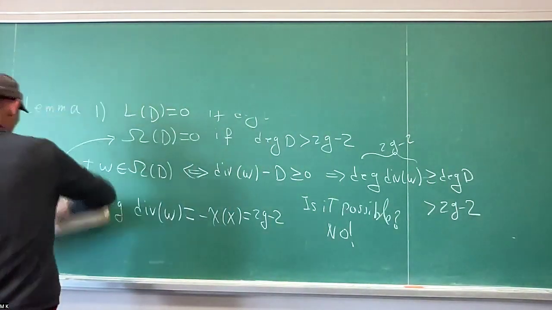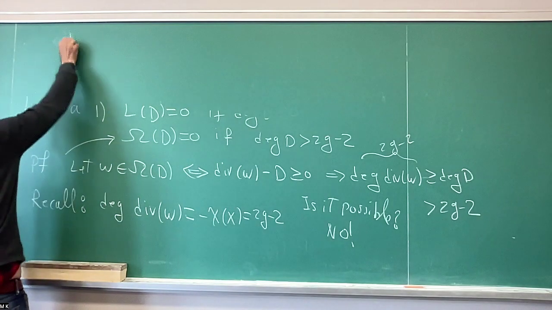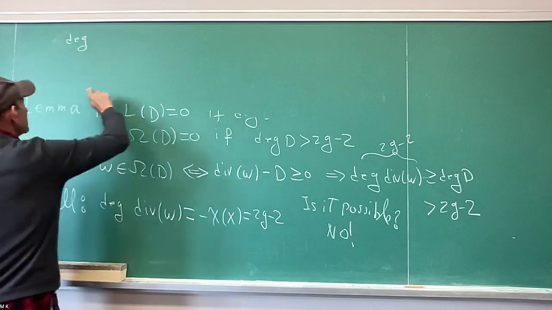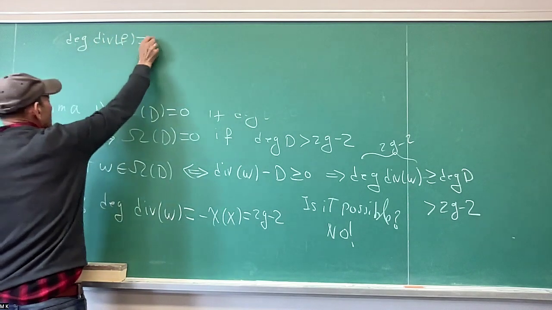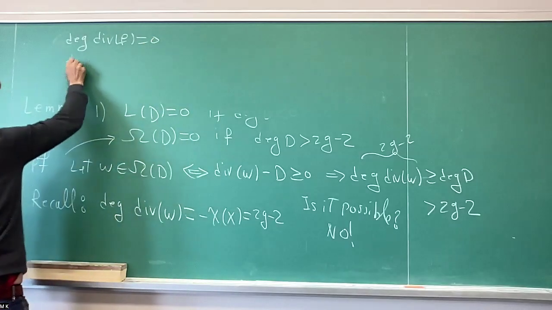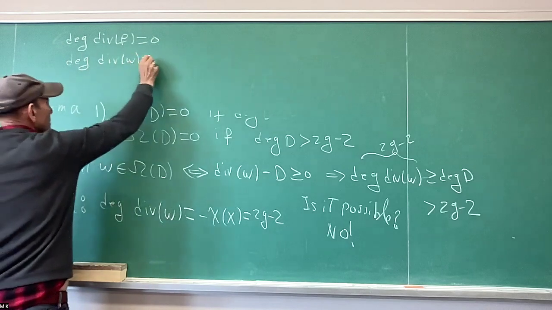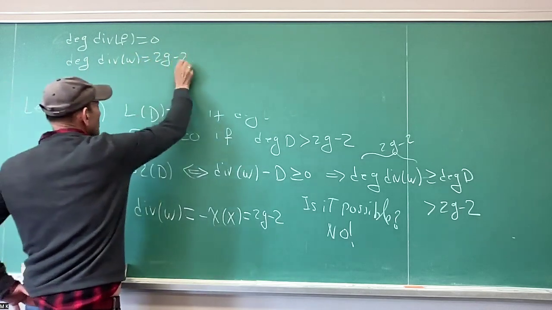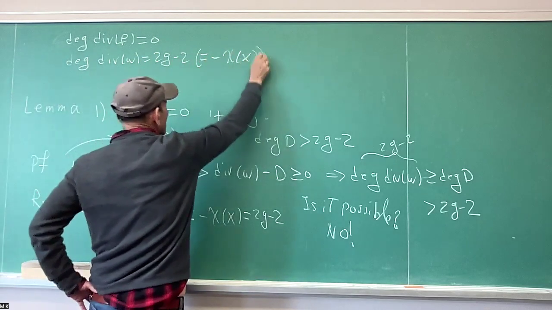So let me just, before finishing for now, write these two results that we proved. One of them quite old. These two results are kind of golden results: the degree of the divisor of f equal to 0, and the other one, the degree of the divisor of omega is equal to 2g minus 2, which is equal to negative Euler characteristic of x.